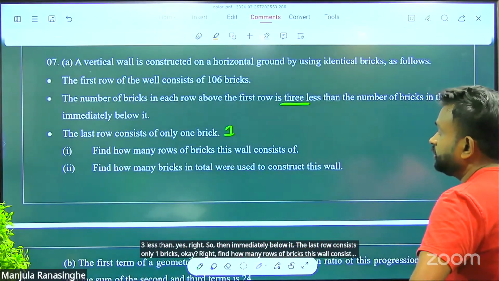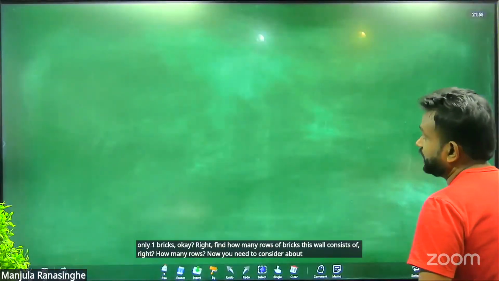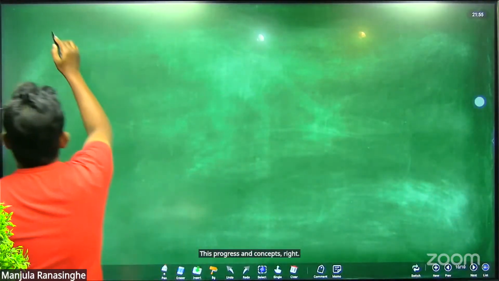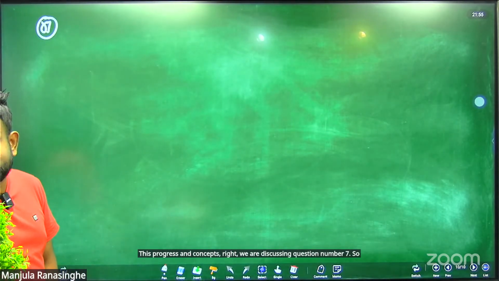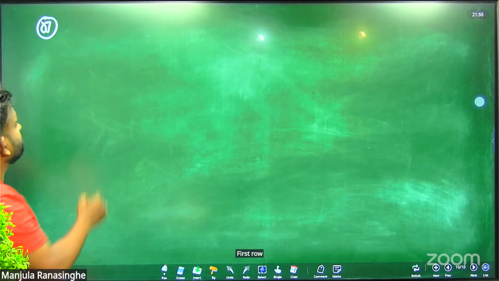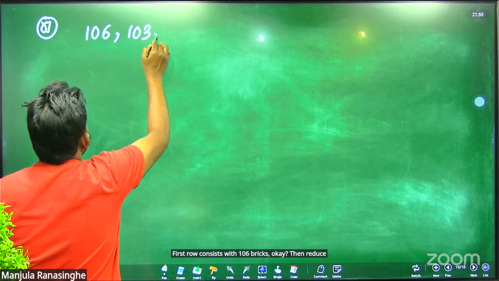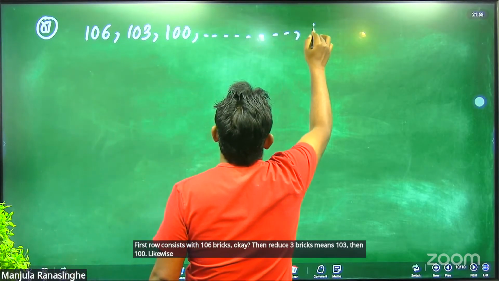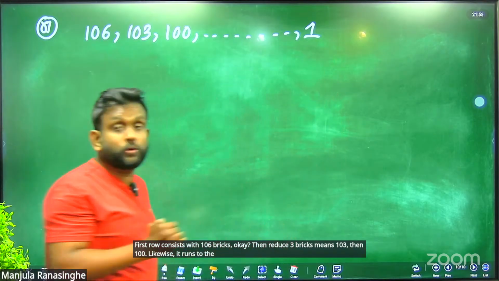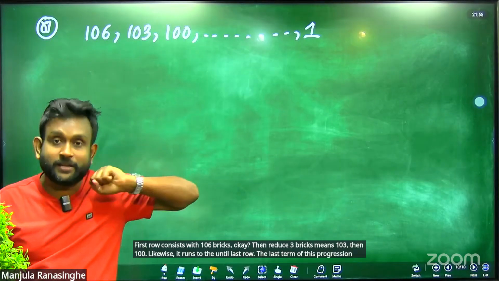Right, how many rows? Now you need to consider these progression concepts. We are discussing question number 7. So the first row consists of 106 bricks. Then reduce 3 bricks, means 103, then 100. Likewise, it runs until the last row, the last term of this progression, which you know is 1 brick.